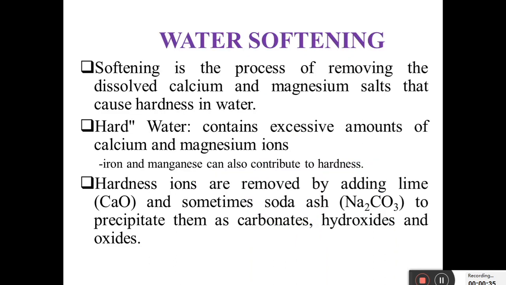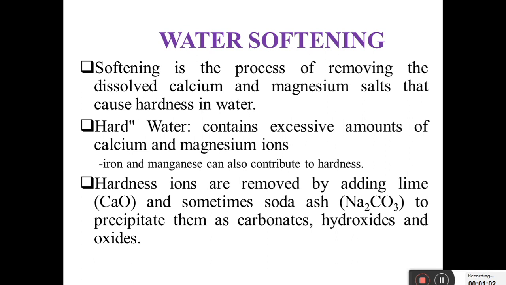See, water softening. What is meant by water softening? The process of removing the hardness ions of water is known as water softening. It is very simple. Softening is the process of removing the dissolved calcium and magnesium salts that cause hardness in water.